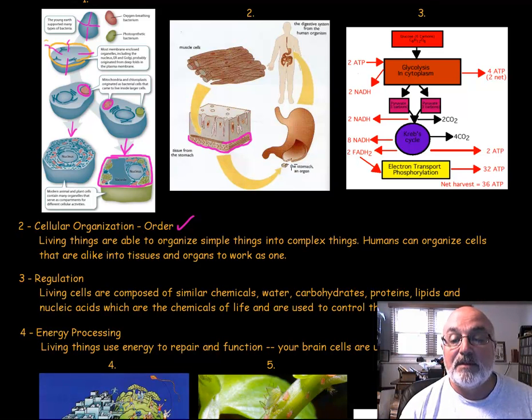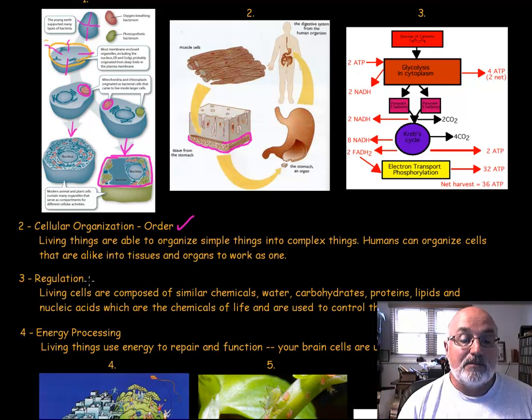This is stomach lining, and these come together to make the stomach, which makes up an organ system, which also has the esophagus, which brings the food from the mouth down to the stomach, and has your small intestine, your large intestine, your colon. So that is an organ system. We take cells, move them into tissues, tissues into organs, organs into organ systems, and that's all a form of order.